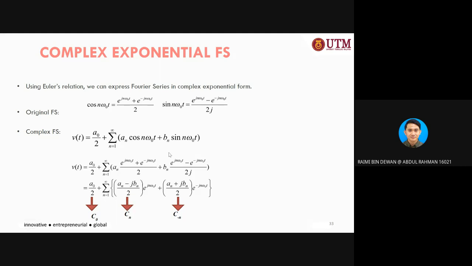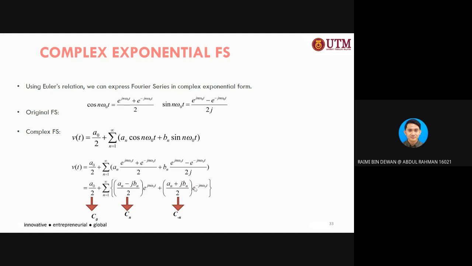Then, rearranging this formula and factorizing e^(j n omega naught t), you will get (an minus j bn) over 2. Because you factorize this term, over 2.